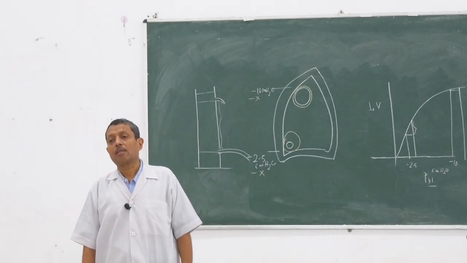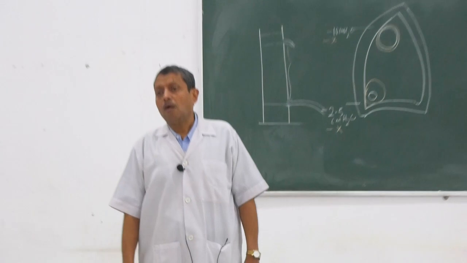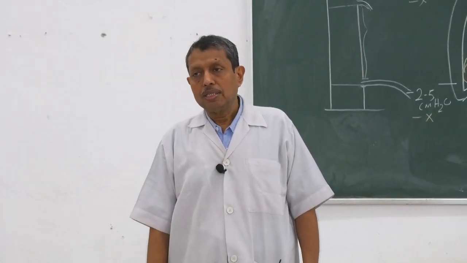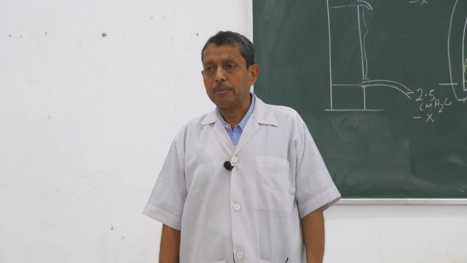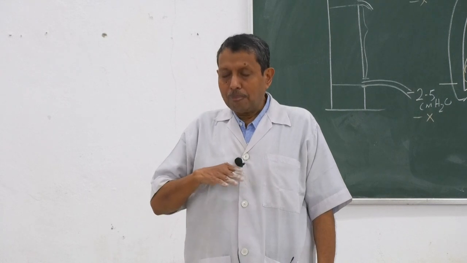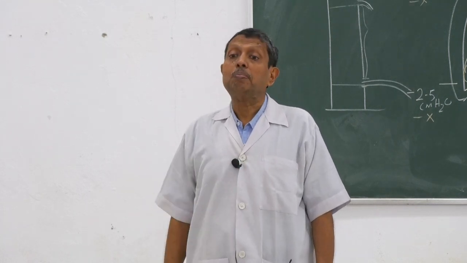1 centimeter is equal to 10 millimeter, divided by the density of mercury, 13.6, becomes 0.77. Suppose I am in the erect position, and from the heart level, suppose it is 50 centimeter.